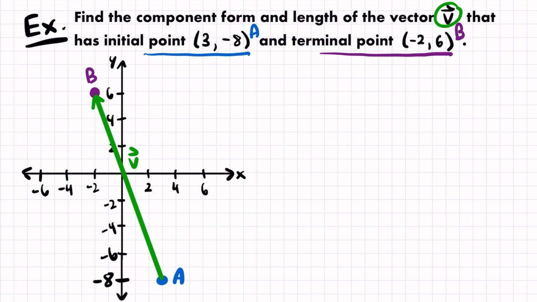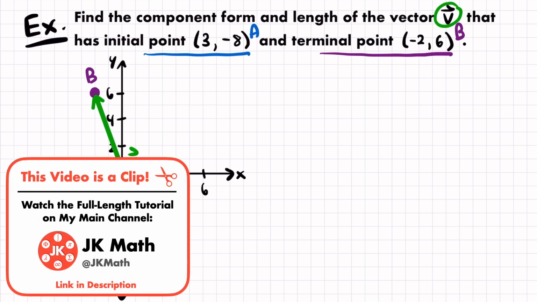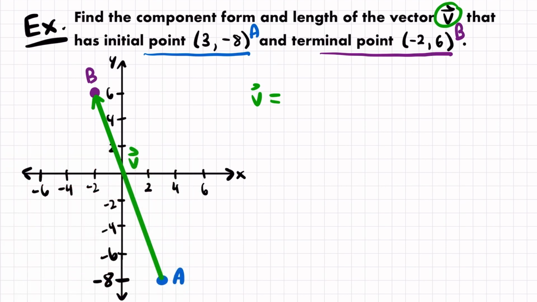So that's our vector v, and now what we want to do is find the component form of that vector. We want to put that vector in the standard position where the initial point is at the origin so that it is a position vector. All right, and so in order to find the component form of vector v, what we need to do is take the difference of the x values and then take the difference of the y values. And remember, you use the x and y values for the terminal point first, and then you use the values for the initial point.